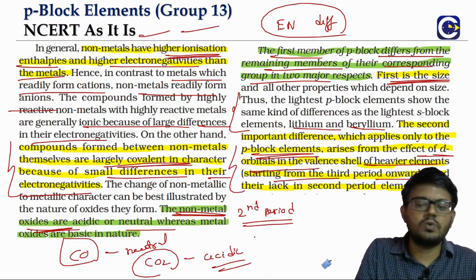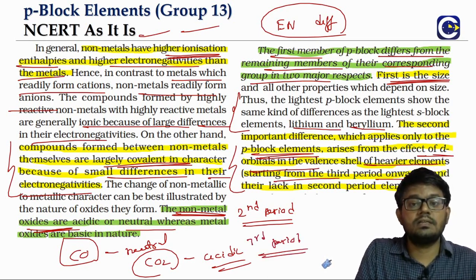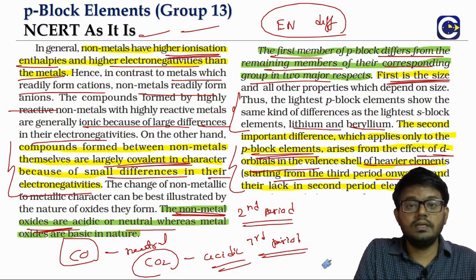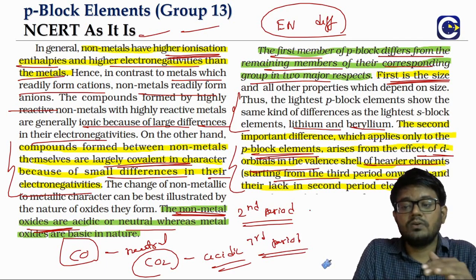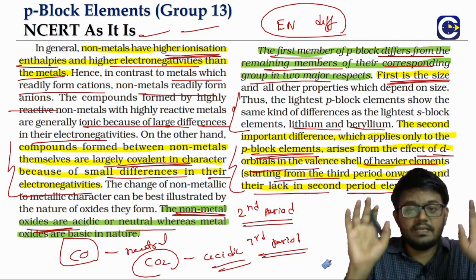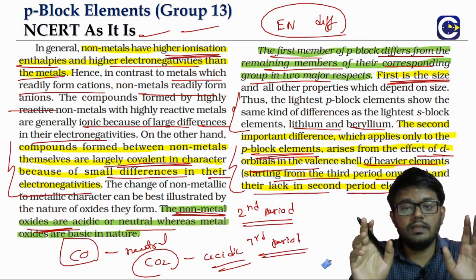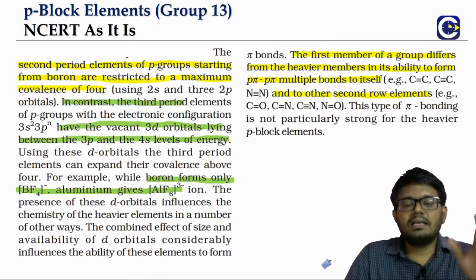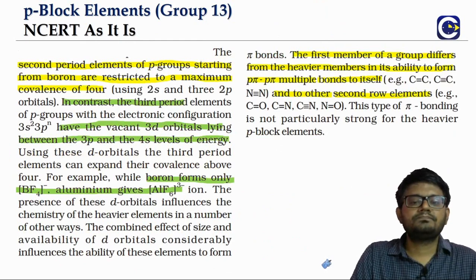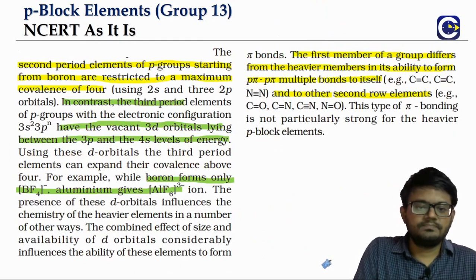Because what does third period mean? The outermost shell is the third shell. The third shell has got the d level. So we'll have the d orbitals available starting from the third period. Only for the second period will the d orbitals be lacking. And as a result of it, what happens is the maximum covalence is limited.